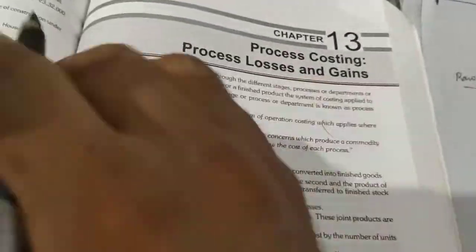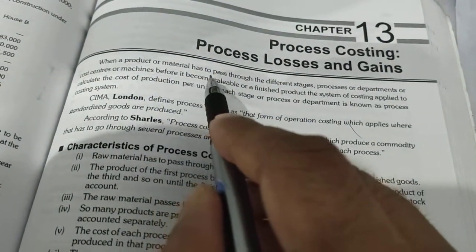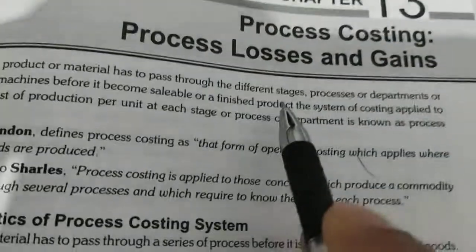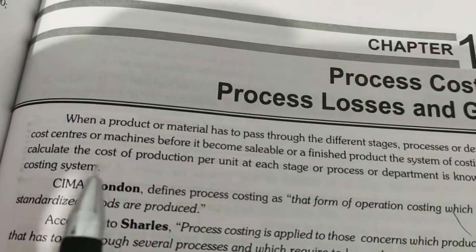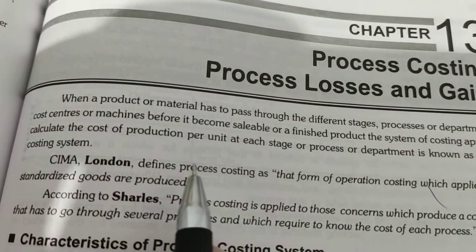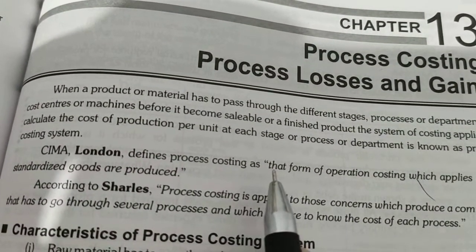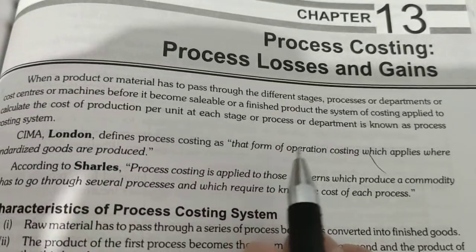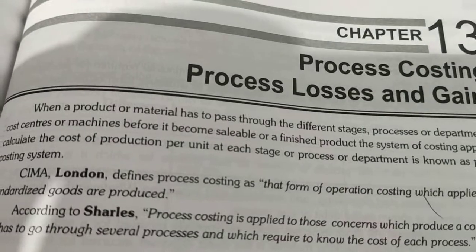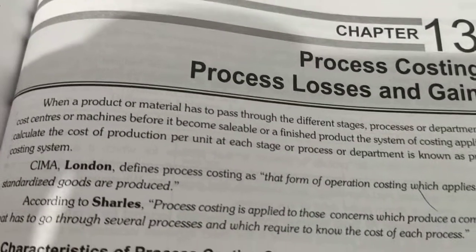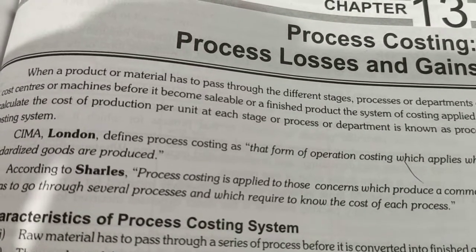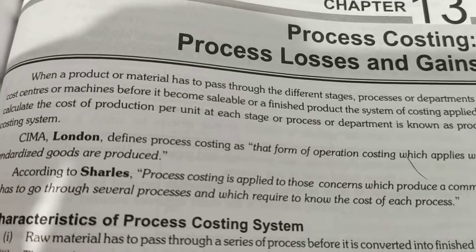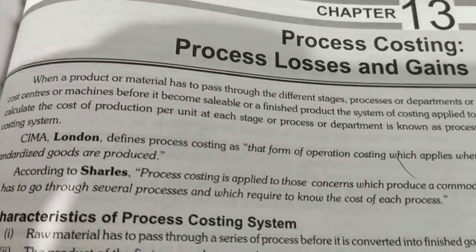Let us understand what the book language is saying. When a product or material has to pass through different stages, processes, departments, cost centers or machines before it becomes sellable or a finished product, the system of costing applied to calculate the cost of production per unit at each stage or process, determining the cost of production at each stage, process or department, is known as process costing.